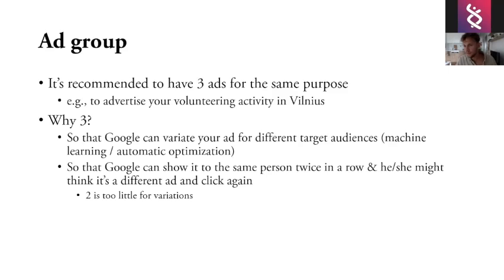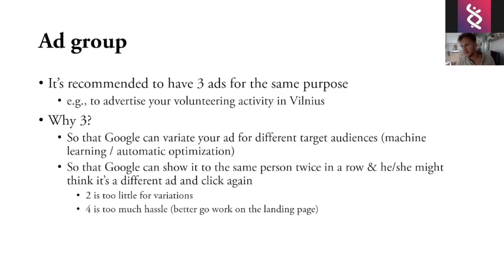And if you create two ads, it might be too little for variations. There are lots of different target audiences, and two might be too little to optimize the ad for a specific target group. Four, though, is too much of a hassle.